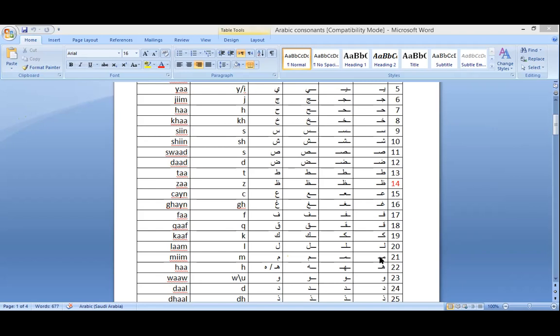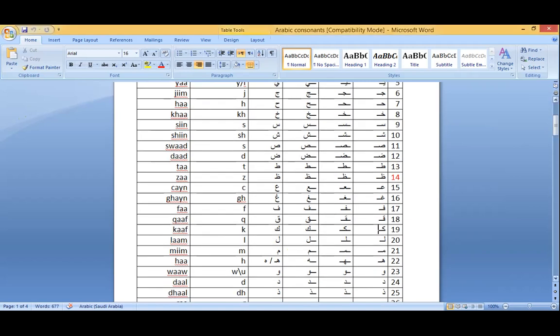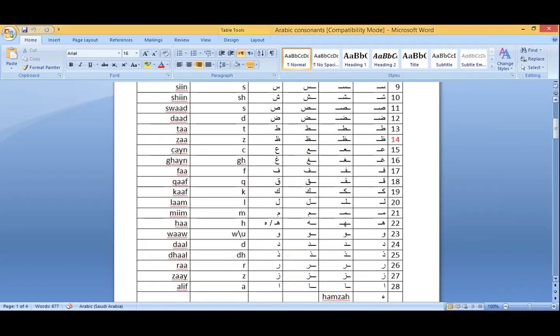Now let's see ha and ma. Is there any change? If you compare ha with ma, do you see any change? No, there's no change. That's right. Now look into wa, da, ra, za, and a. Compare this one with this one. They're all the same. Is there any change? Nothing changed.